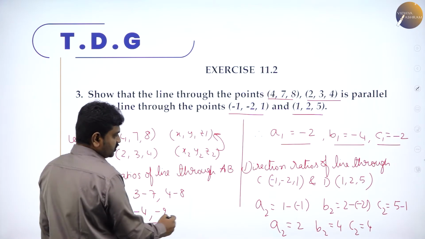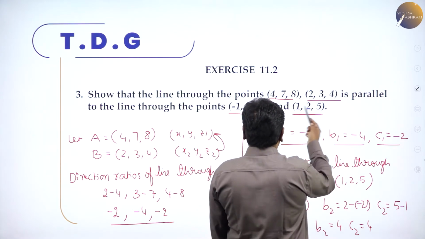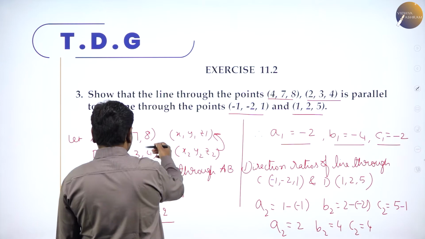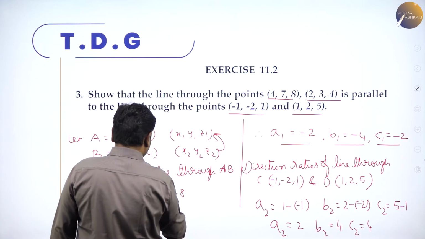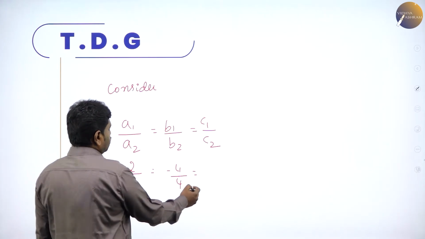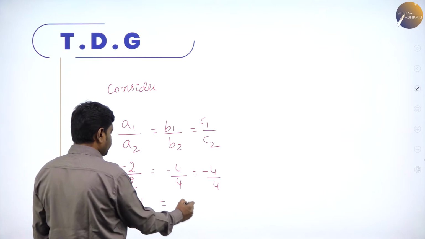C1 is minus 2, C2 is 5 minus 1, which is 4. Minus 2 by 4 gives minus 4 by 4 again. So all are equal to minus 1.